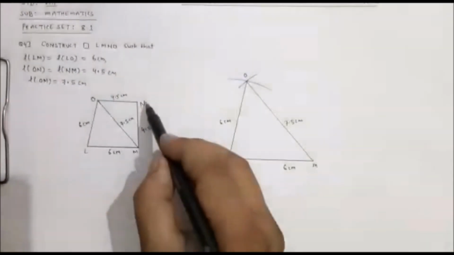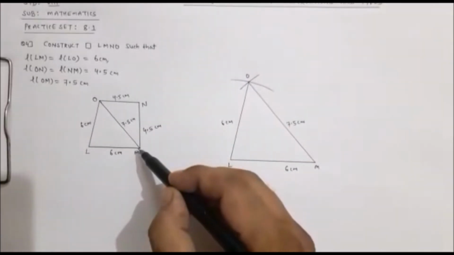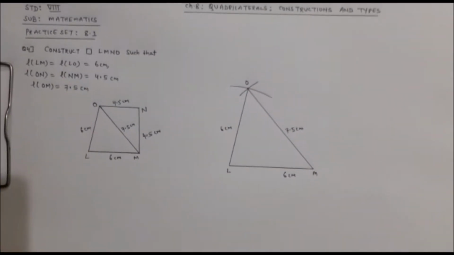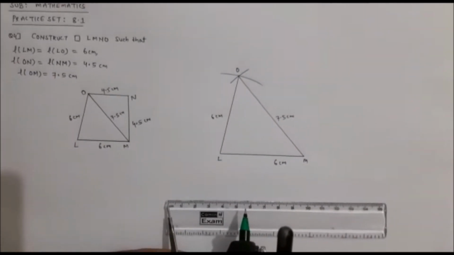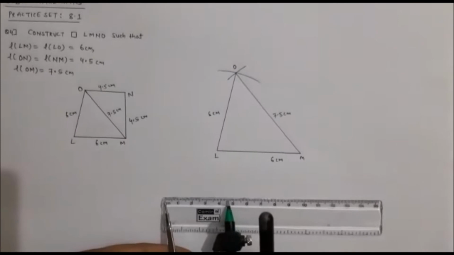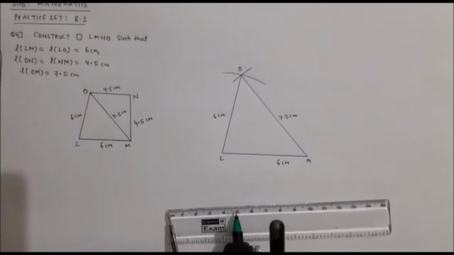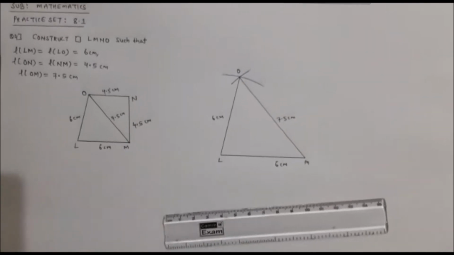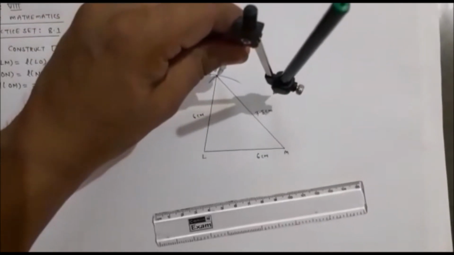Now to get this point N, from O to N 4.5 and from M to N also 4.5. Okay, so take distance of 4.5 cm using the compass. Okay, just a minute. Now from O, see, cut an arc of 4.5.